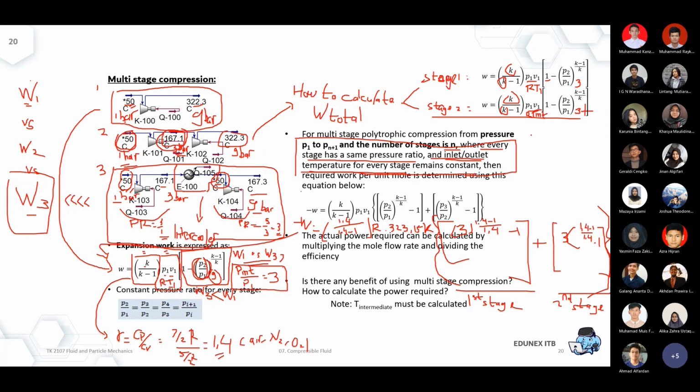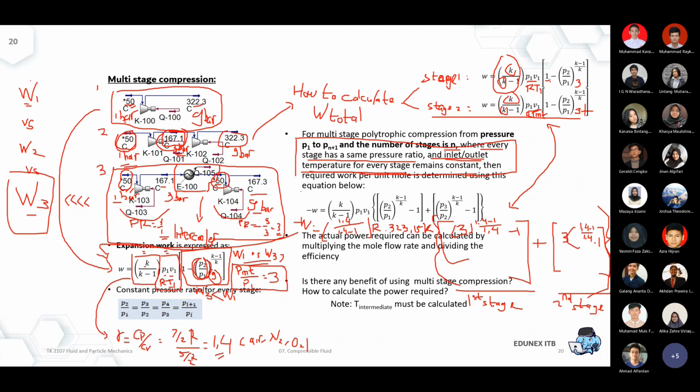Can anyone find what's the difference between with intercooler and without intercooler? Which part is different that cannot give us a smaller total duty in process 2 compared to process 3? Is the difference inside the bracket of the K or in the P1 V1 or RT1 or inside the bracket of the pressure ratio?